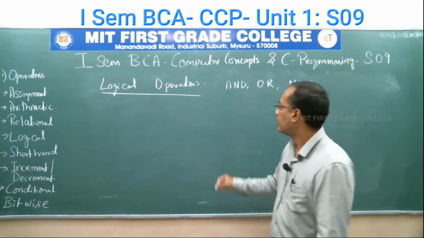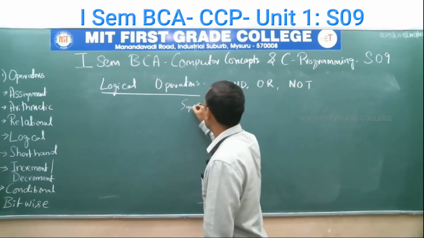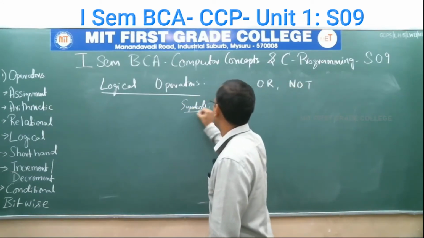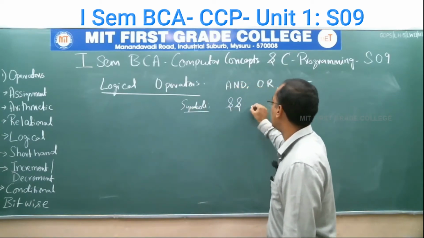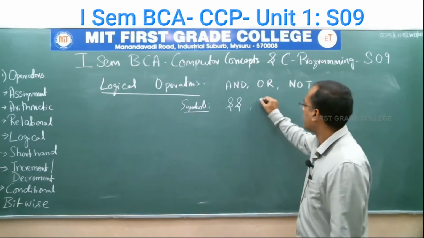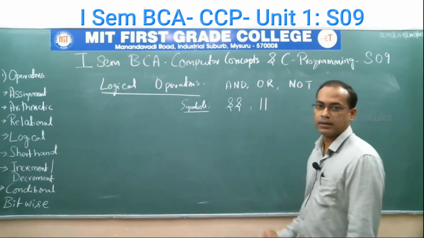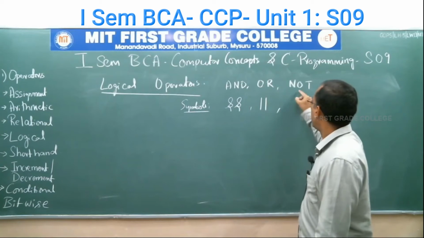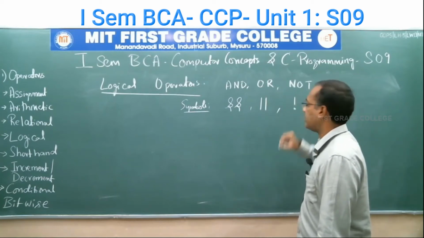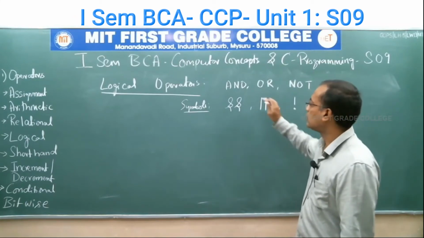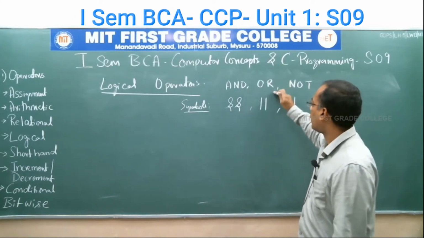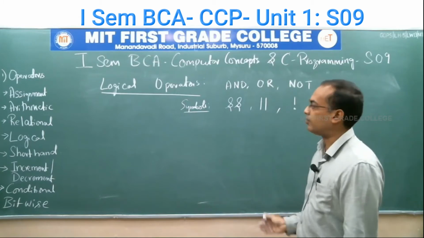So for this we use the symbols: for AND, double ampersand symbol; for OR, pipe symbol; and for NOT, exclamation symbol. So these are the symbols we use to represent the AND operation, OR operation, or the NOT operation.